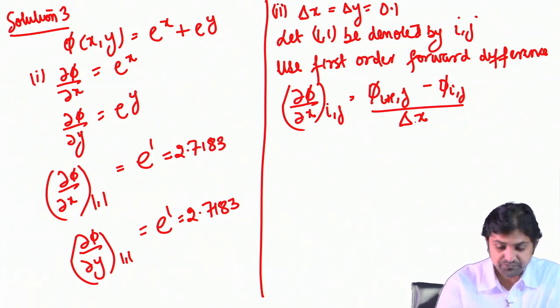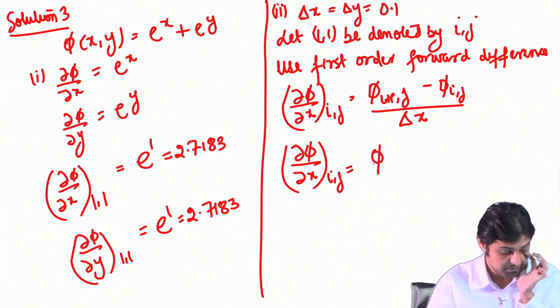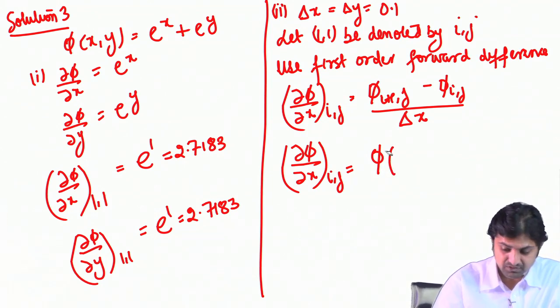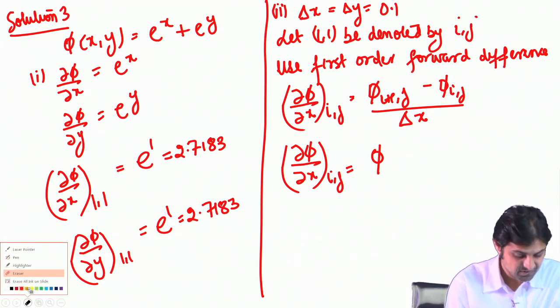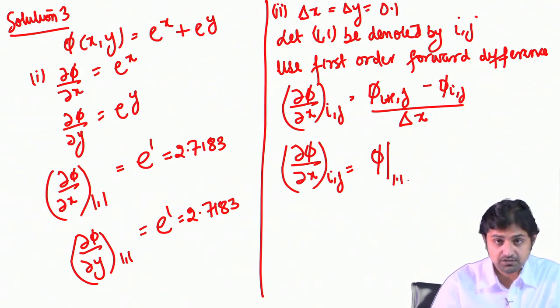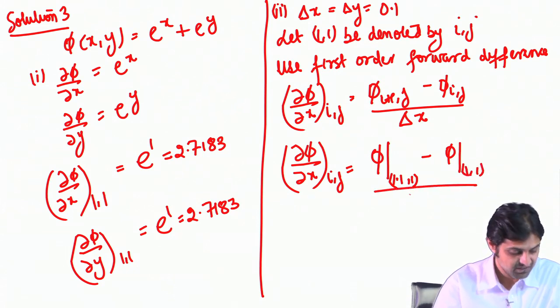Okay, or del phi del x at i comma j can be written as phi at what point? 1, because delta x is 0.1, so 1 plus delta x, so that is 1.1 comma 1 minus phi at 1 comma 1 divided by 0.1.